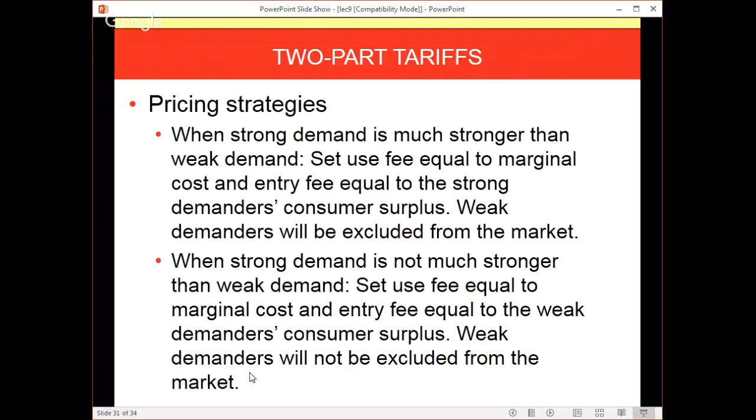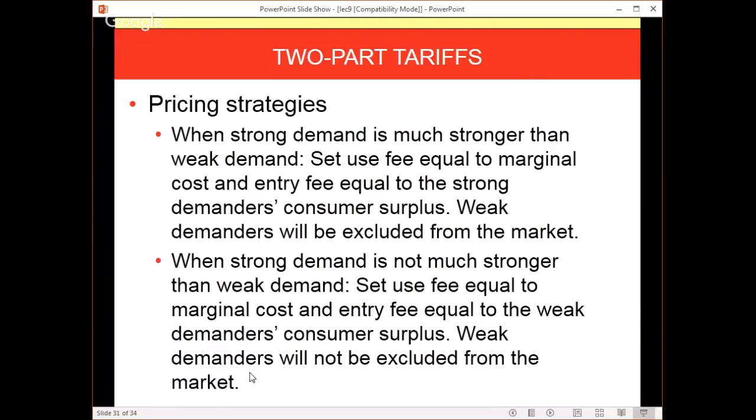If the strong demand and the weak demand are closer to each other, in that case I have two options. I can set a per use fee equal to marginal cost, and an entry fee equal to the consumer surplus of the weak demanders. The other option is to charge a per use fee above marginal cost, and then set the entry fee equal to the consumer surplus of the weak demanders.